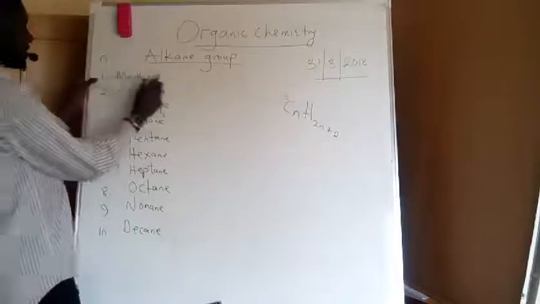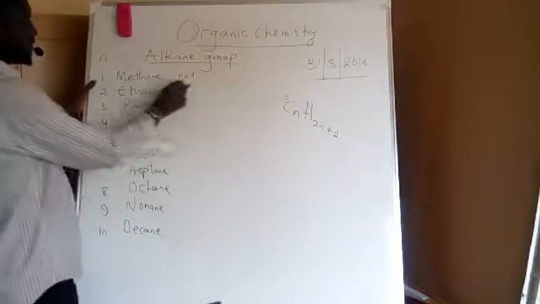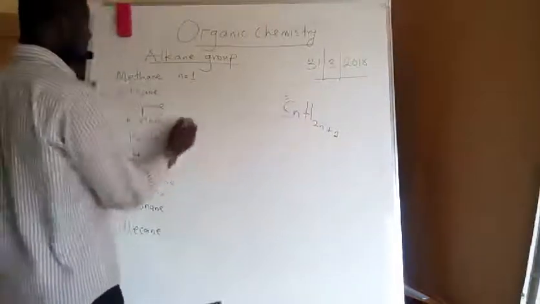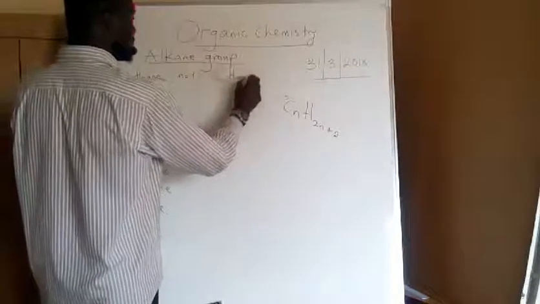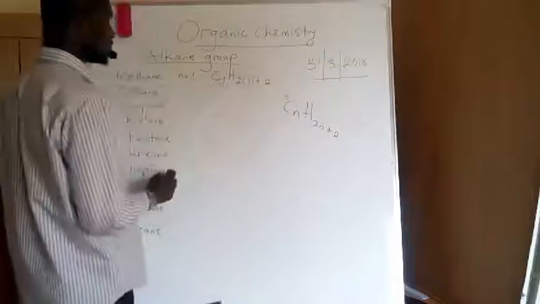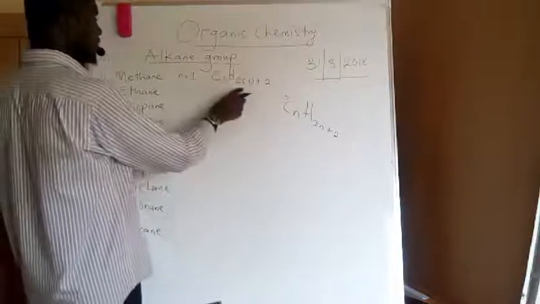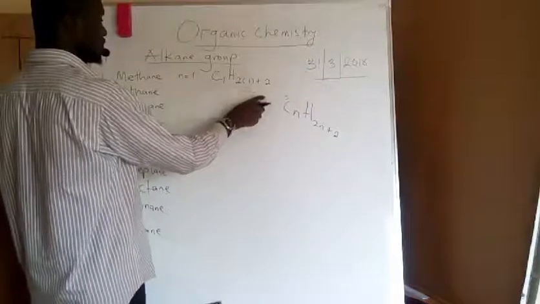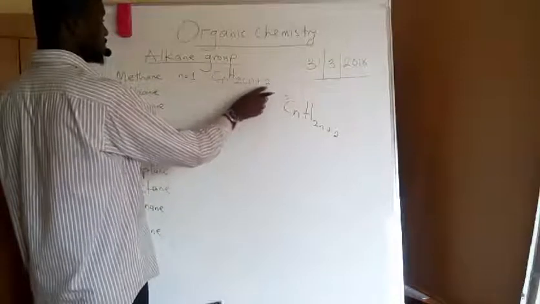So it means in methane our n is equal to 1. Using this formula, I have C1 H(2 times 1 plus 2). My 2 times 1 is 2, plus 2 is 4.